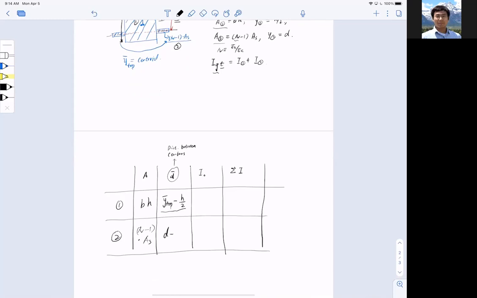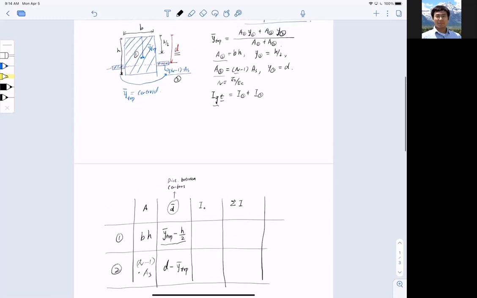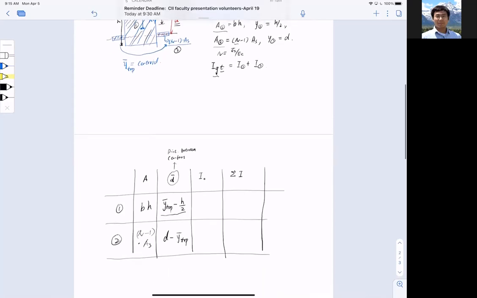And here is d minus y top. All right. Now for its own moment inertia for 1, it's just basically the rectangular again, so we call it 1 over 12 bh cubed.